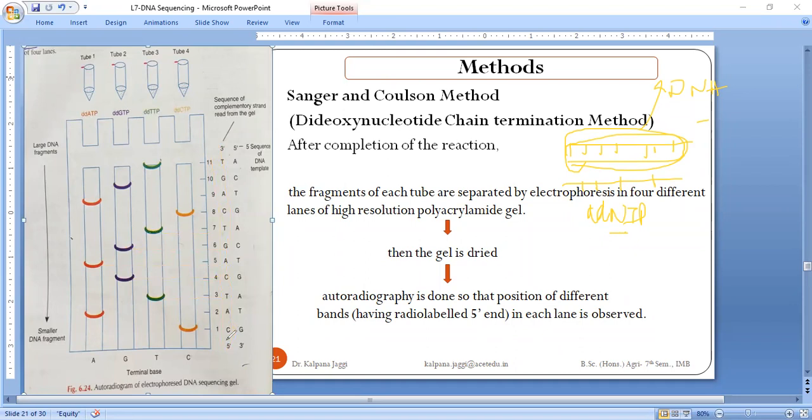If there is C, then obviously we are talking about DNA sequencing, in DNA we only have C, G, T, and A. If in the synthesized strand there is the presence of C, then obviously here is going to be G. If here is A, then T. In this way, with the help of ddNTPs, from the newly synthesized strand, we could recognize the sequence that is present in the template. This is what is known as DNA sequencing, and this is the DNA sequencing that is done with the help of the Sanger and Coulson method. That is totally an enzymatic method, right?